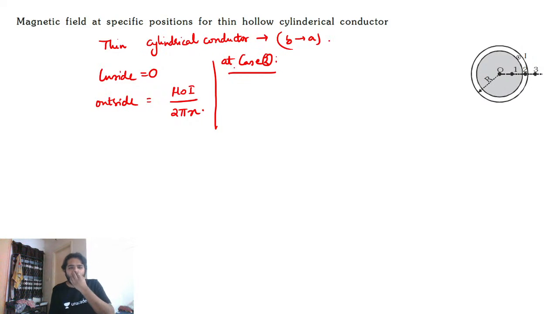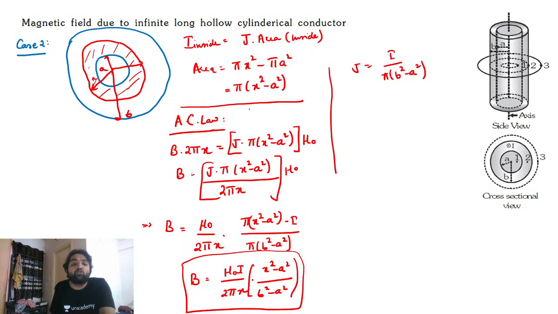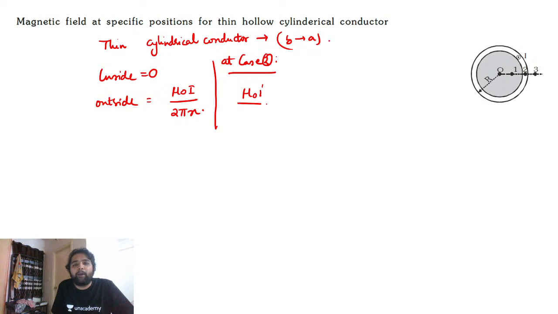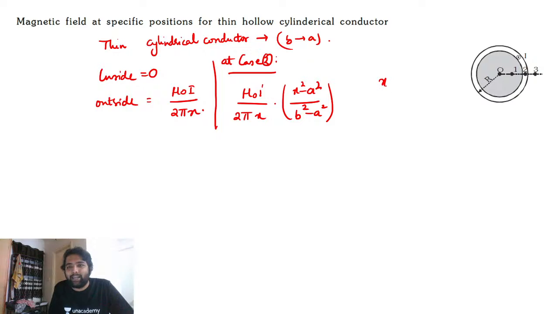Now between these, exactly at case 2, if you observe, what will be the field when both are very similar values? Look at mu naught I by 2 pi x into x square minus a square by b square minus a square. Here x is tending to b, so x tends to a comma b. So this will be mu naught I by 2 pi a x, where x tends to a, which is equal to r.